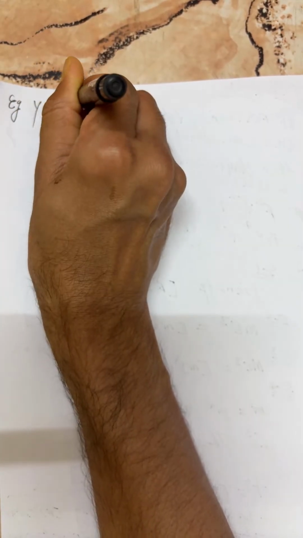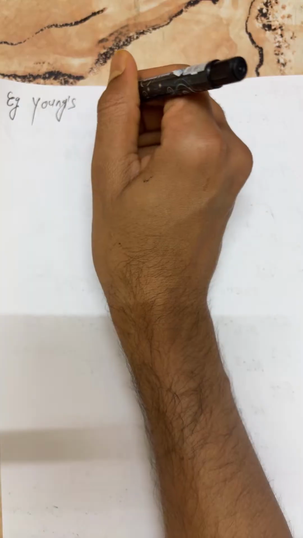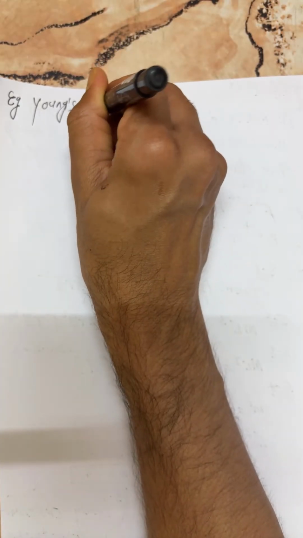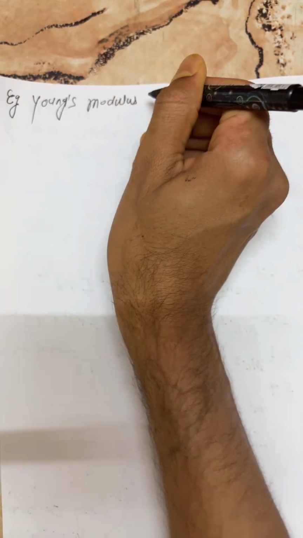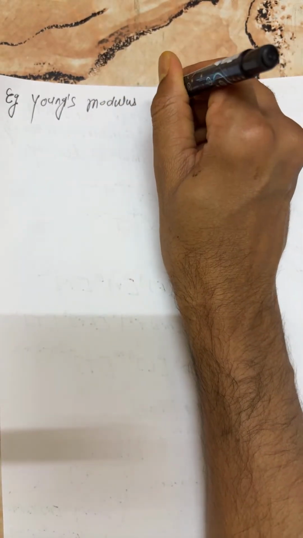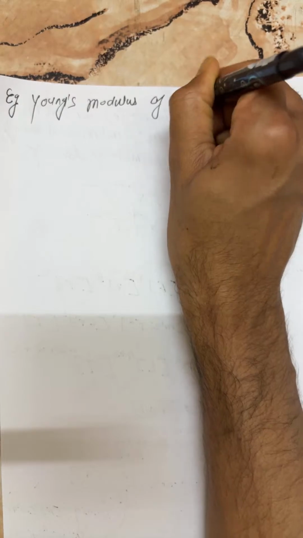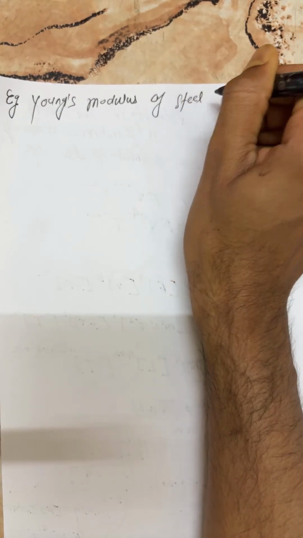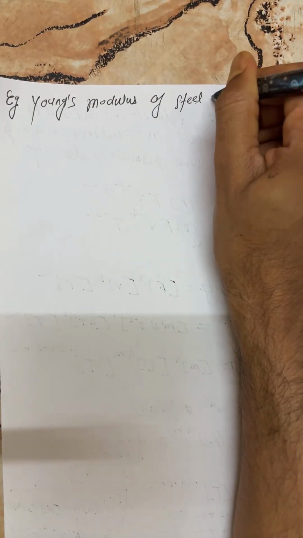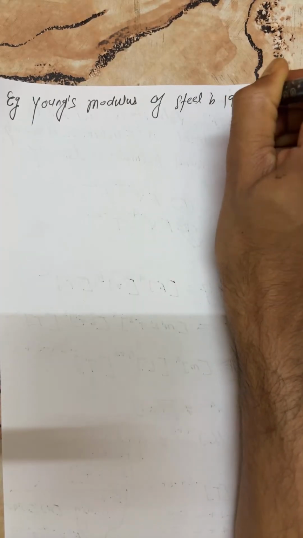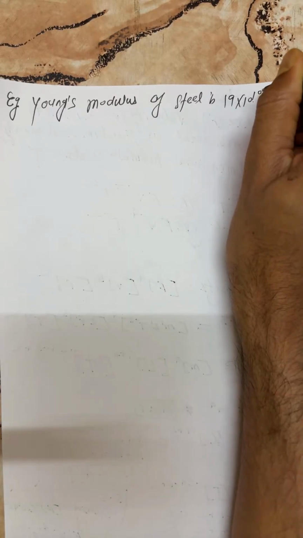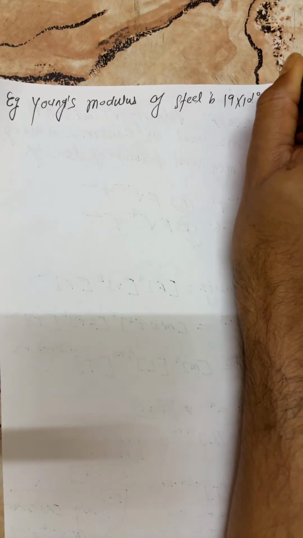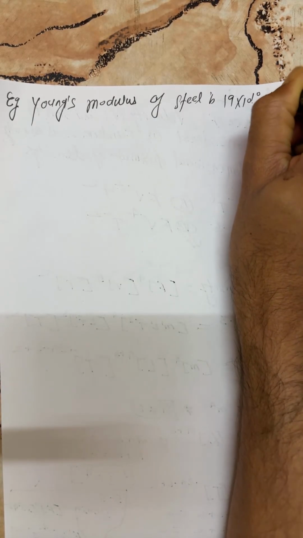Students, Young's modulus of steel is 19 into 10 to the power 10 Newton per meter square.